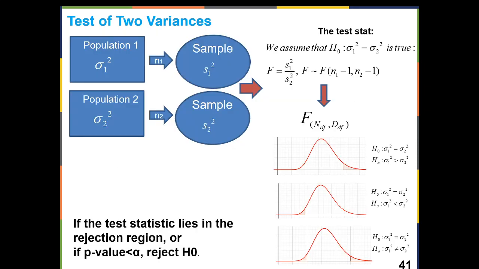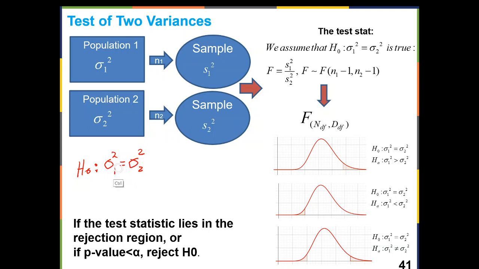I'll explain the test first and go back to those slides. The idea is that we have two populations and we have two samples from them. The null hypothesis says something about the two variances. It says, for example, that this is equal to the other one, so the variances are the same, or the standard deviations are the same, it doesn't matter.